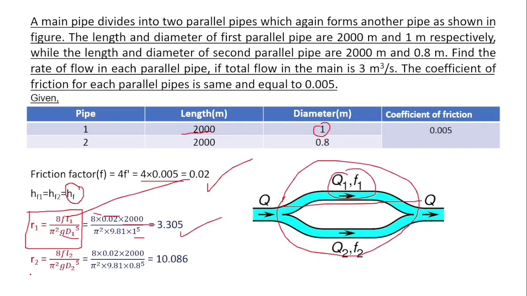Similarly, R2 equals 8 F L2 divided by pi square g D2 power 5, and F is again 0.02, L2 is again 2000, and D2 is 0.8. So R2 equals 0.086.